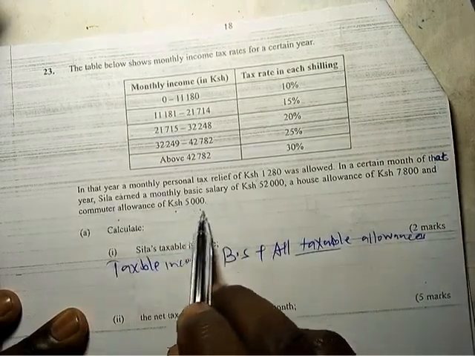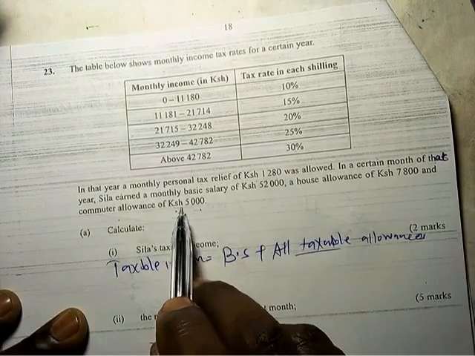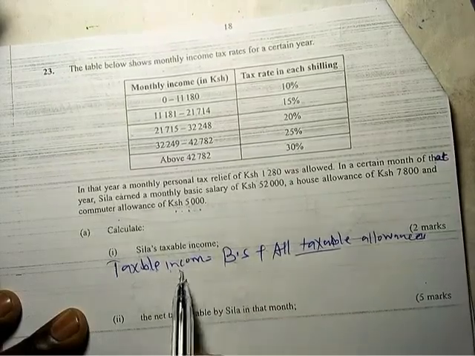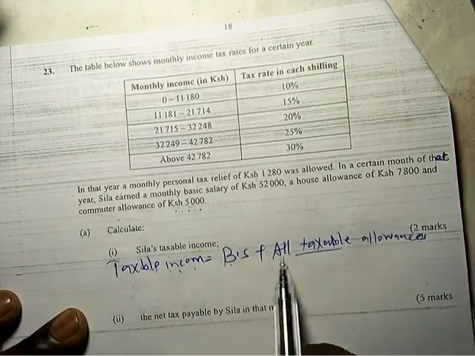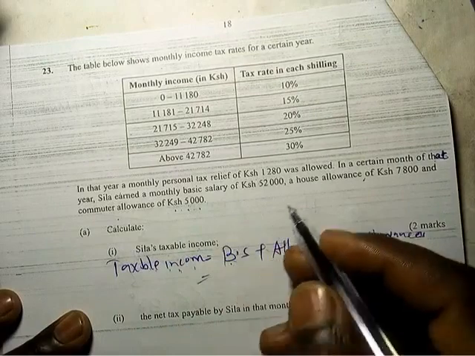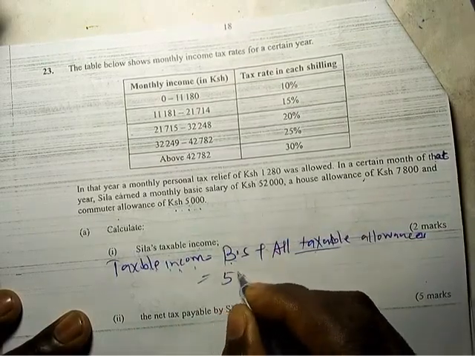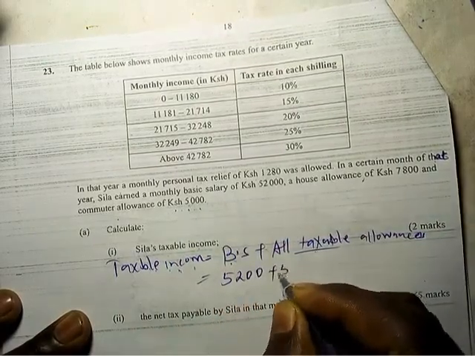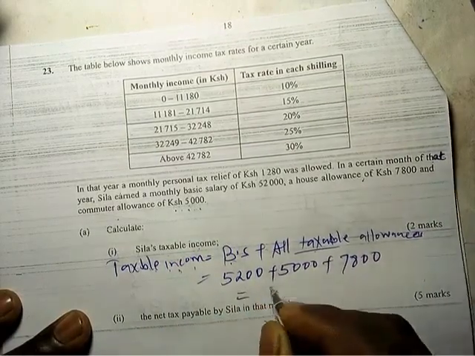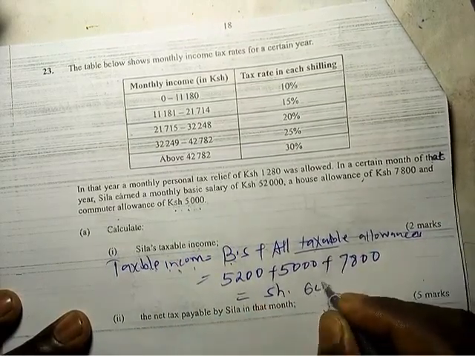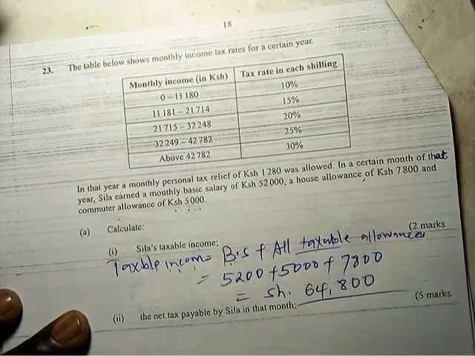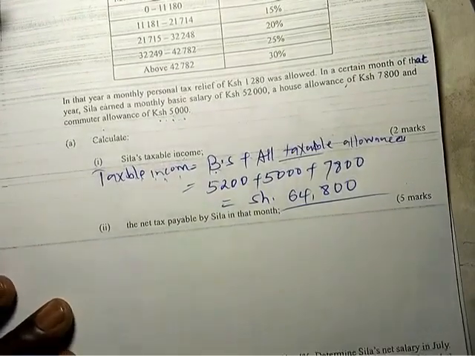If it is not being taxable, you don't include it here for taxable income. Sawa, ndio maana nimeweka hiyo. So here hatuchaambiwa chochote, it is being taxable. So we will just add 52,000 plus 5,000 plus 7,800. That will give us Kenya shillings 64,800. So that is the taxable income for Shira.